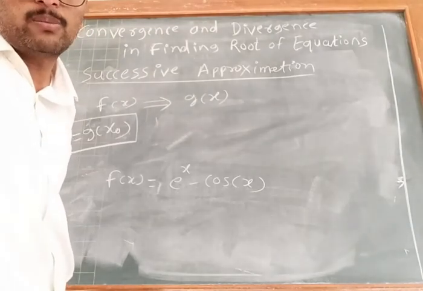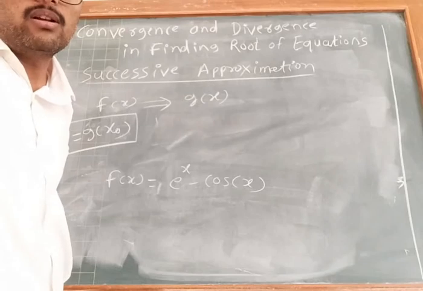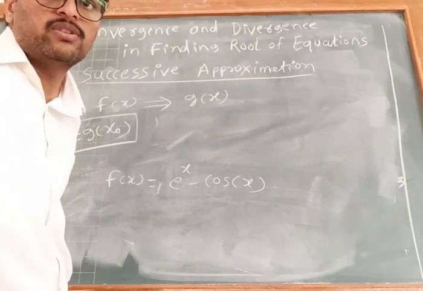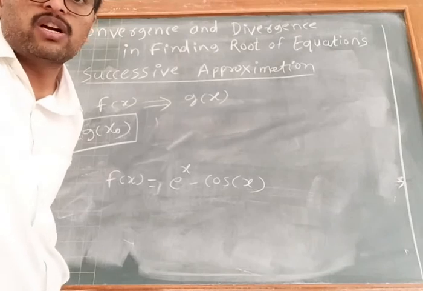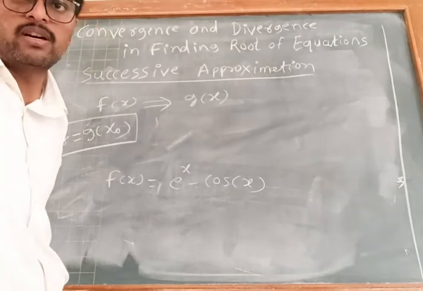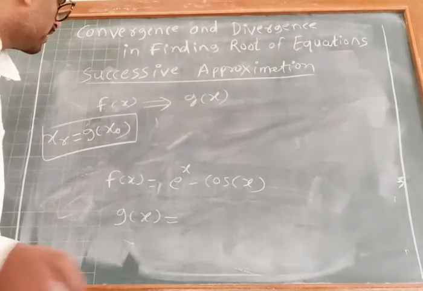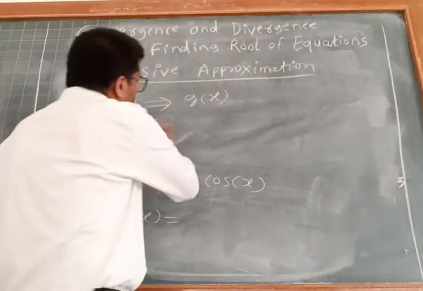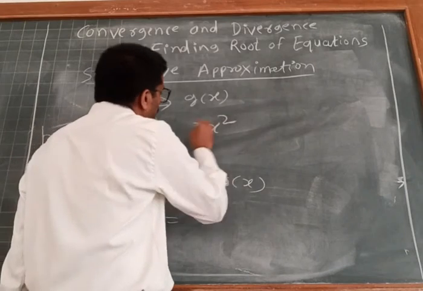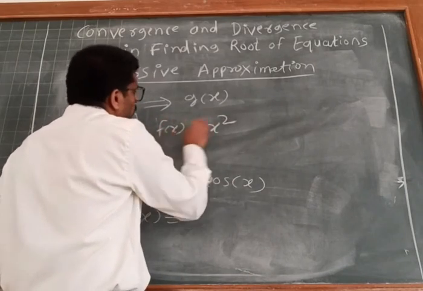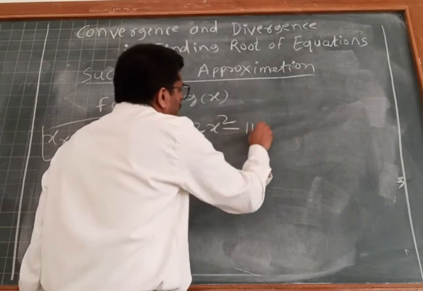This is the given equation f of x, and we have to find the root of this equation by using the successive approximation method. So the first step is to convert this equation into g of x. So how to convert? Just now I explained how to convert f of x into g of x, with the help of f of x equal to 2x square minus 11x plus 5.